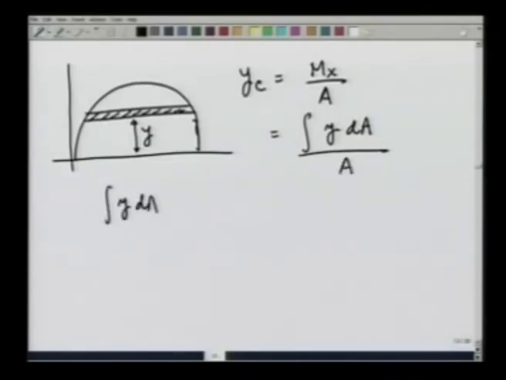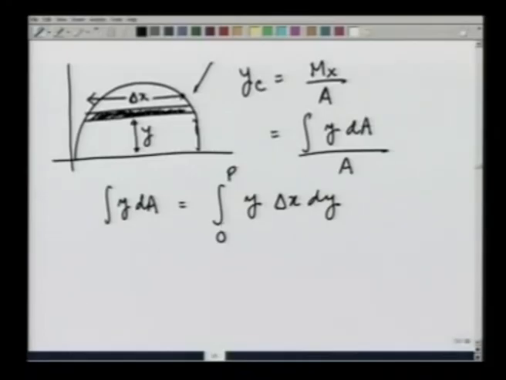y dA, you can see, is going to be equal to the area of this strip here, this one, times the y. This strip area is going to be this, if this distance is delta x dy, and y varies from 0 to r.